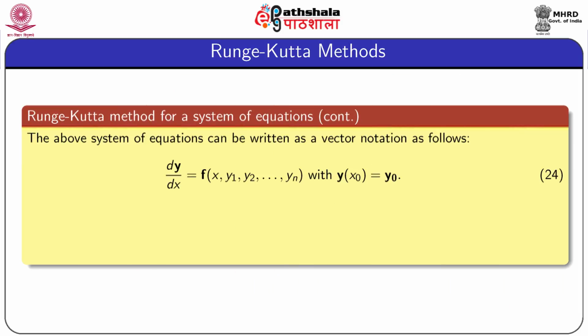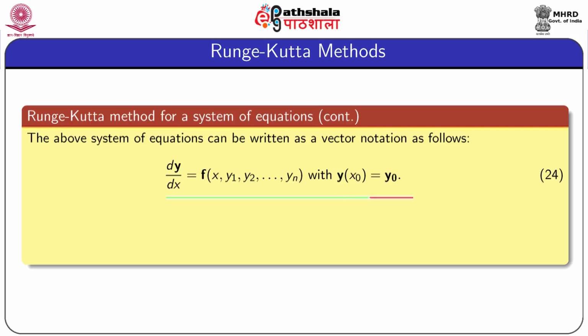The given system of equations can also be written in vector notation as follows: dy/dx equal to f, where y is a vector containing the variables y1 to yn. F is also a vector containing the functions f1 to fn, and it is a function of x, y1, y2 up to yn, with the initial condition y at x0 equal to y0.